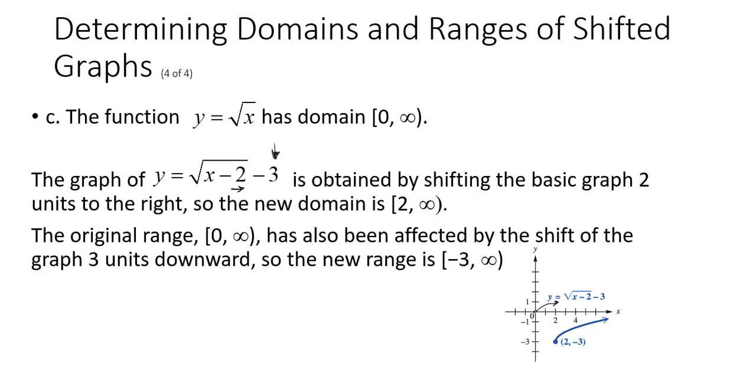Domain was originally from 0 to infinity, now it's from 2 to infinity. That would be the new domain. And the range was from 0 to infinity before, now it's from negative 3 to infinity. It shifted down. That's the new range for this function.